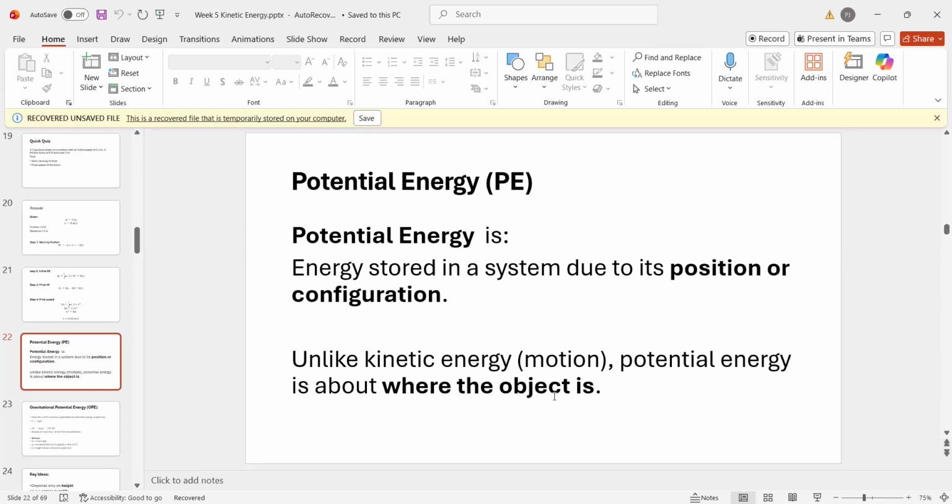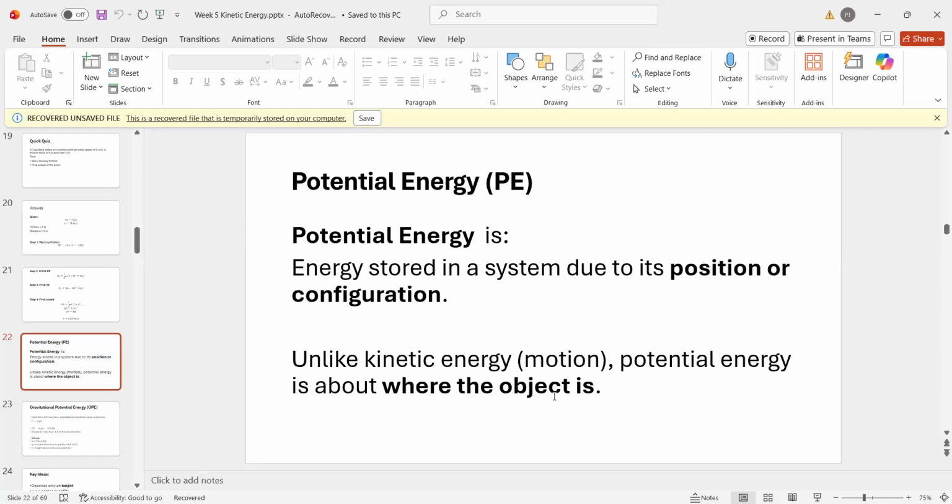And that potential energy, given a force, could be changed to kinetic energy. So before kinetic energy, the object possesses potential energy.